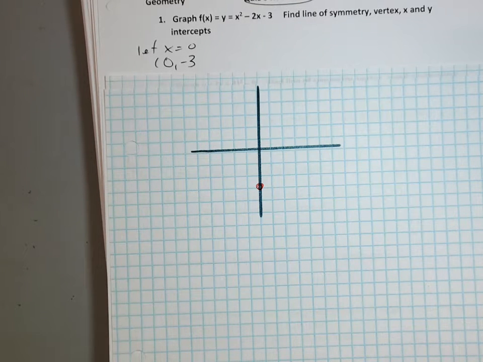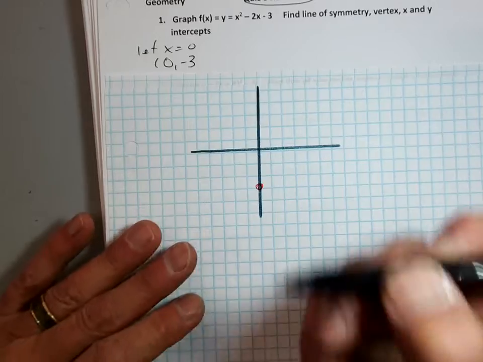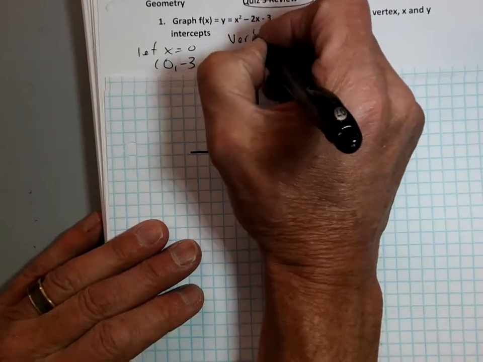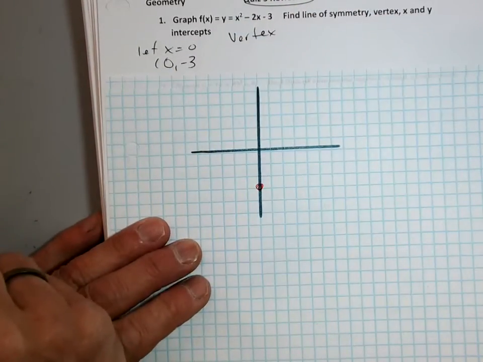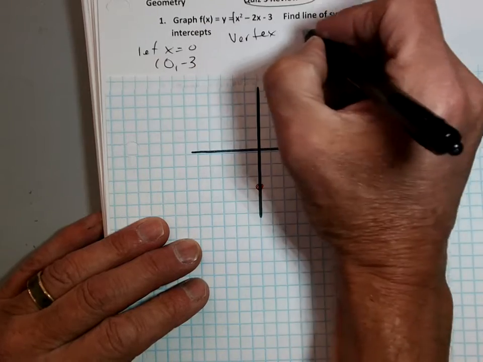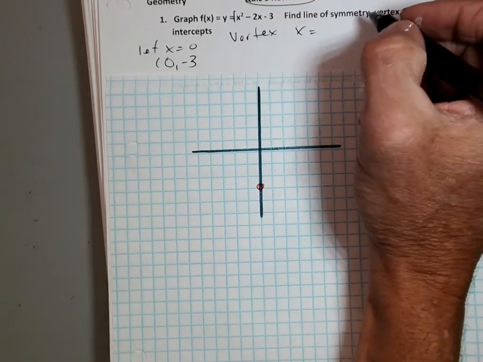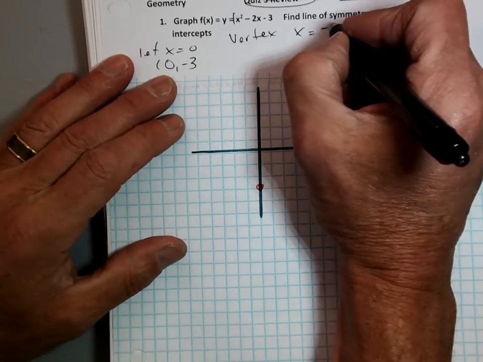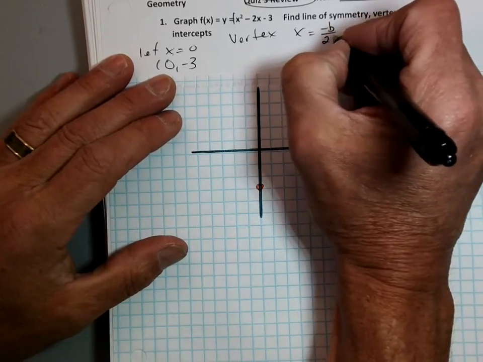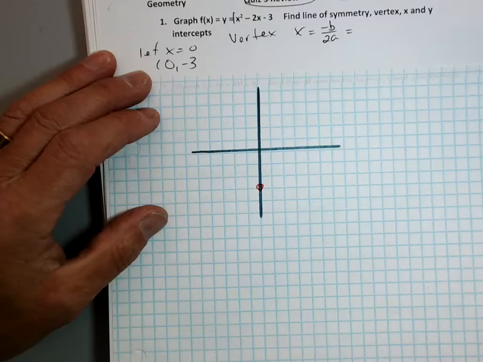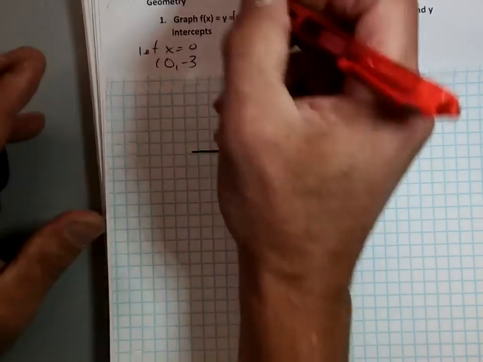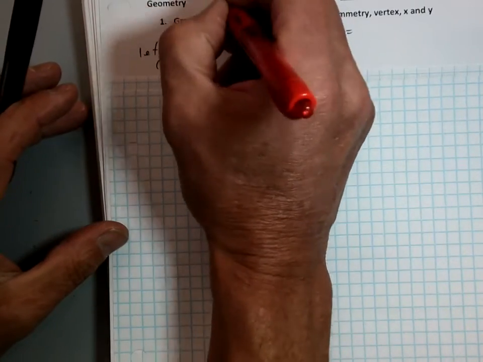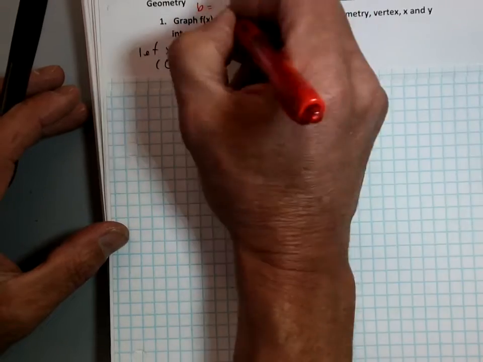Now, the next thing I can find is probably the vertex. Because it's in standard form, I'm going to have to use my favorite formula, which is -b over 2a, right? All right, so my a is 1, and my b is -2.